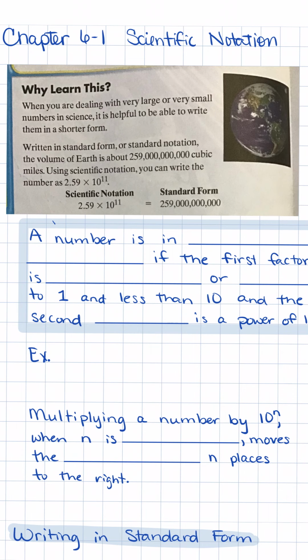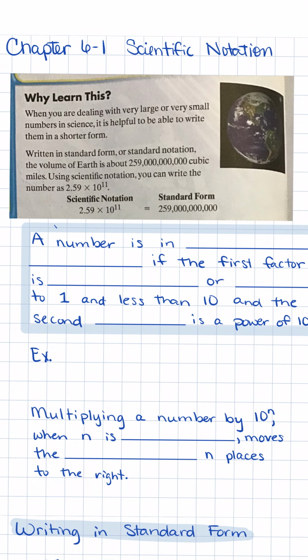Hi class, today we're looking at Chapter 6, Lesson 1, Scientific Notation. So, why do we need to learn this? When you're dealing with very large or very small numbers in science, it's helpful to be able to write them in a shorter form.